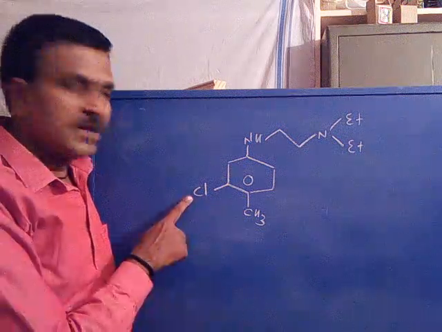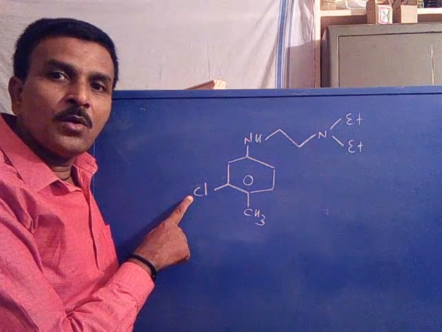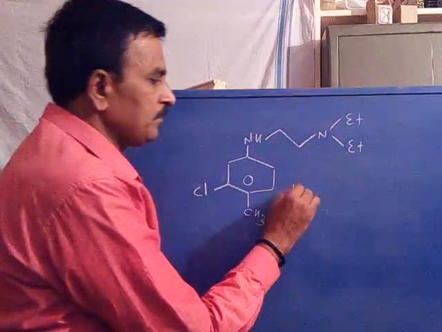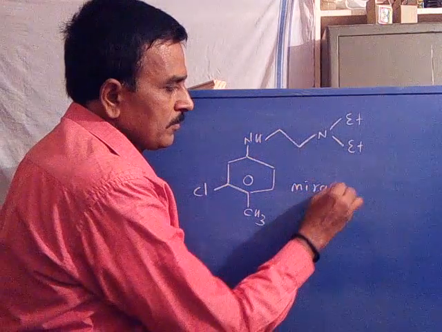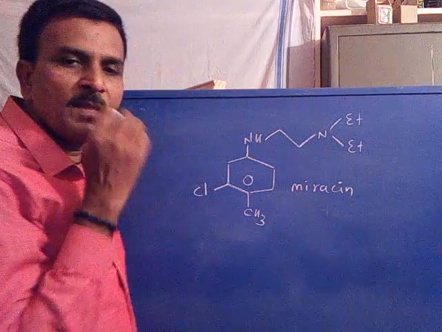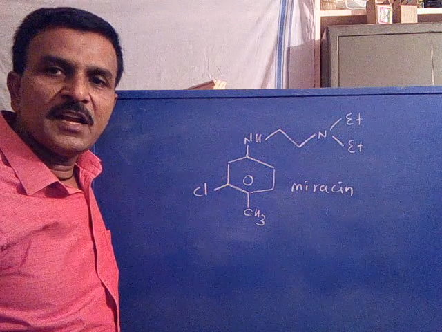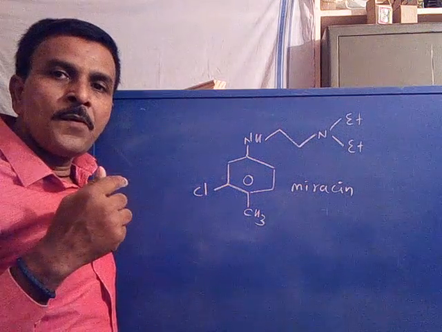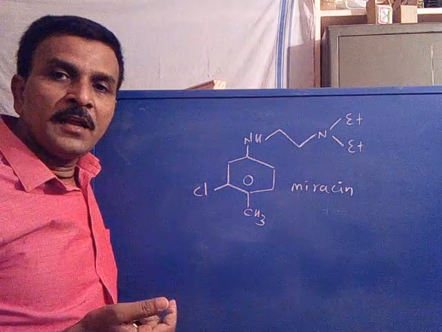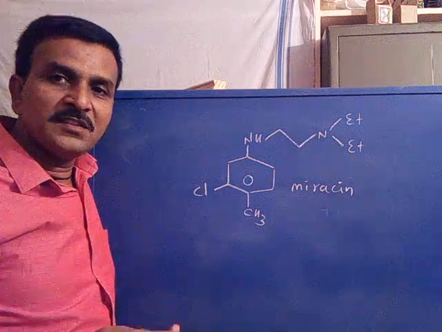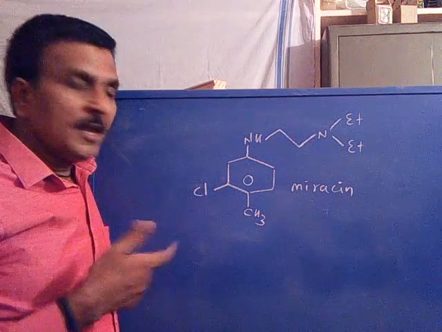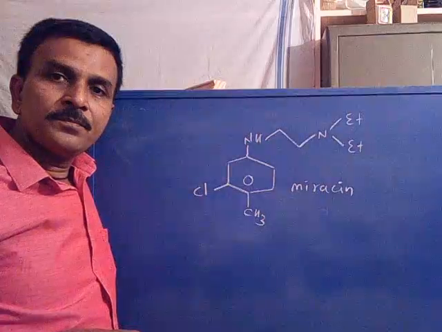Chlorine is substituted, that is, sulfur is substituted with chlorine. This is myrcene. Is it clear? Now, after removing ring A and ring B, which are not essential for the activity, myrcene was developed.